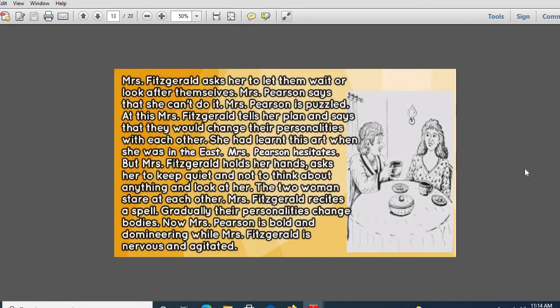Now, Mrs. Fitzgerald asks her to let them wait or look after themselves. We might feel she is very arrogant and aggressive, but remember one thing: these suggestions are not wrong. These are the right kind of suggestions. Why should a 20-year-old grown-up girl or boy be dependent on his or her mother for tea and ironing dresses?